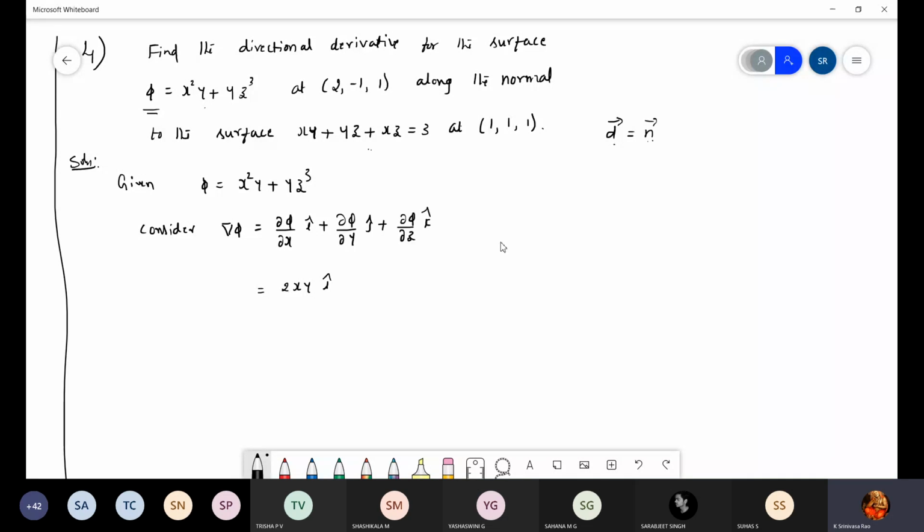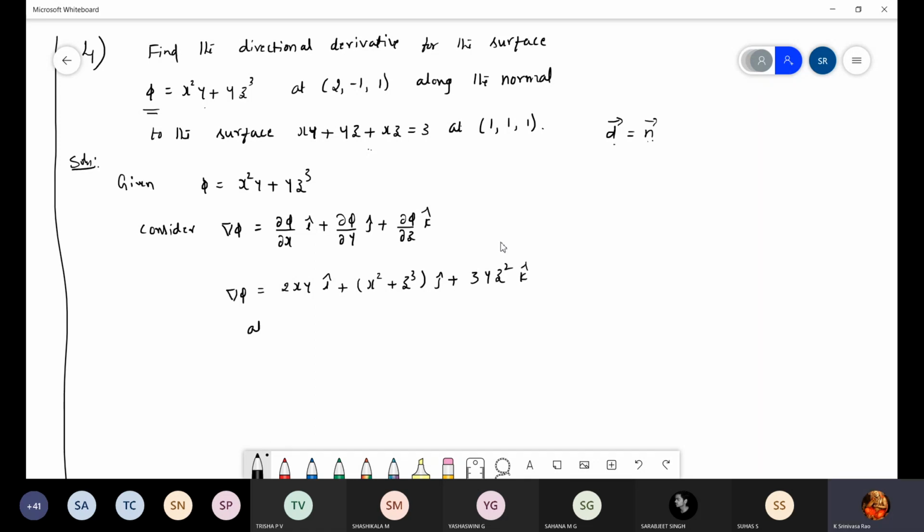With respect to y you will get x square plus z cube j cap, and with respect to z only the second term, 3yz square k cap. So this is grad phi.